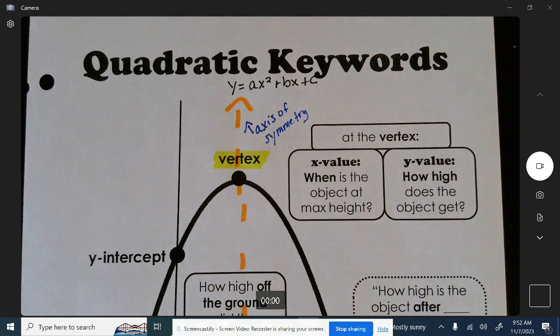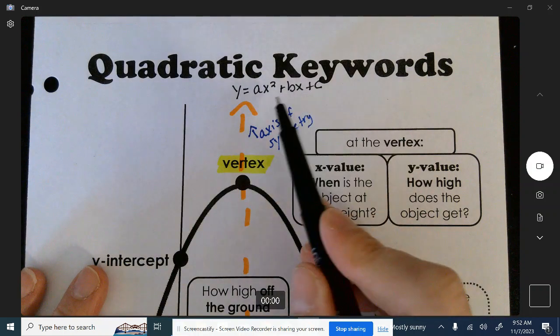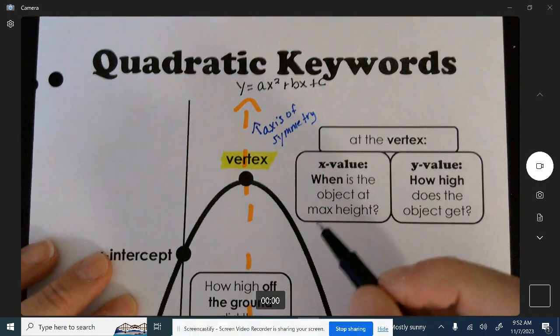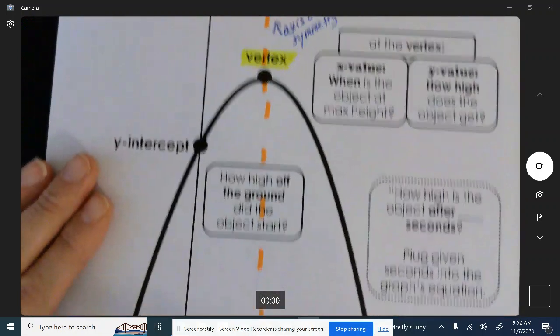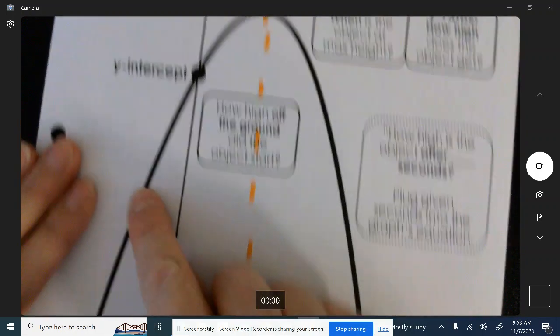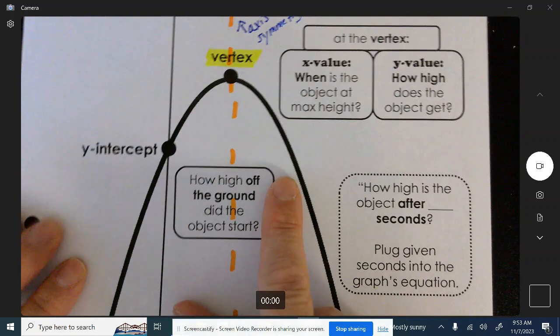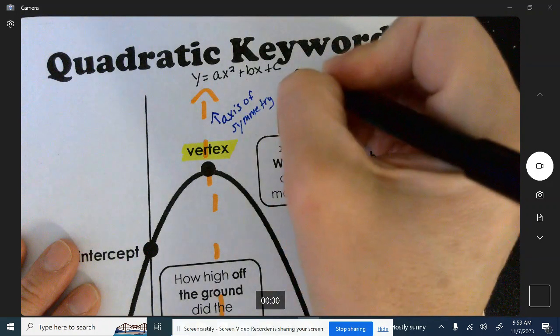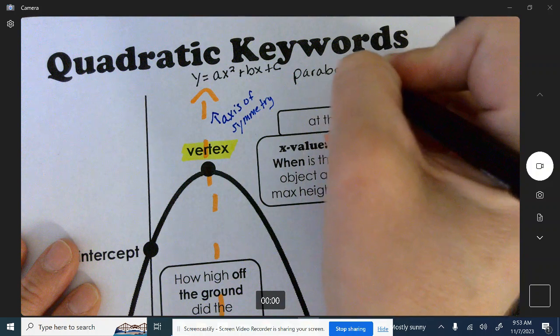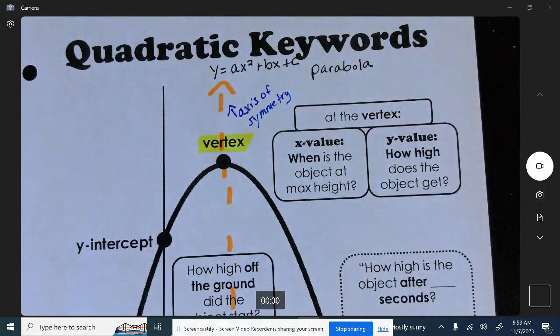So, ax squared plus bx plus c, where a, b, and c are numbers. And this shape that we have down here, this graph that goes up to a certain vertex and comes back down, we call that shape a parabola. So you may hear me say the word parabola.